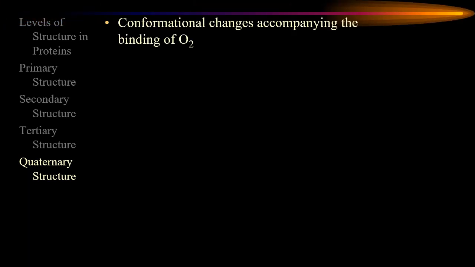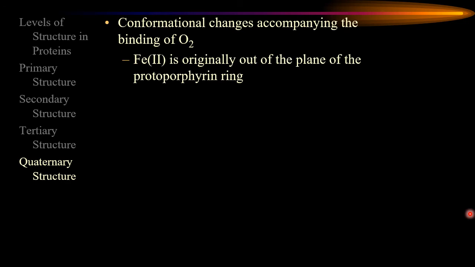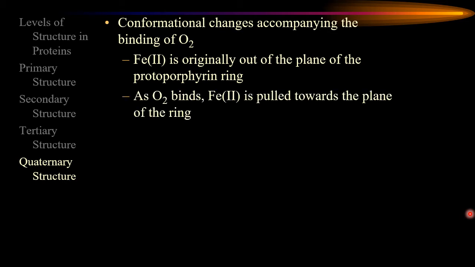So what is the cause of this cooperativity in the binding of oxygen? If you look at the picture of the heme group in any of the subunits of hemoglobin, and also in myoglobin, the iron 2 is originally out of the plane of the protoporphyrin ring. It is only upon the binding of oxygen and also carbon monoxide that the iron 2 is pulled towards the plane of the ring.